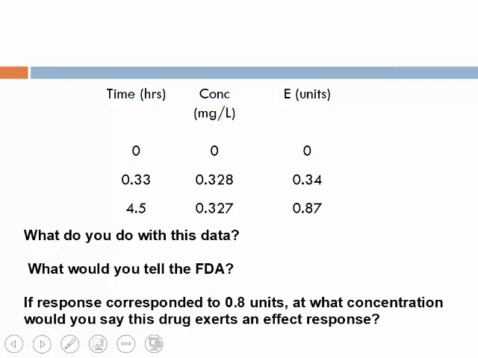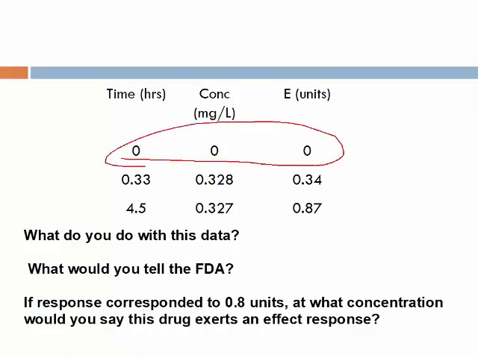If we take this data, we see at time 0 that these are all zeros, right? So at time 0, the concentration is 0 and the effect is 0. At 20 minutes, so this is as our concentration increases, because remember it's given for a half an hour, the concentration is 0.328 and our effect is 0.34.